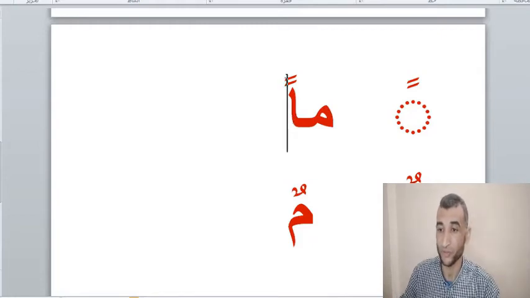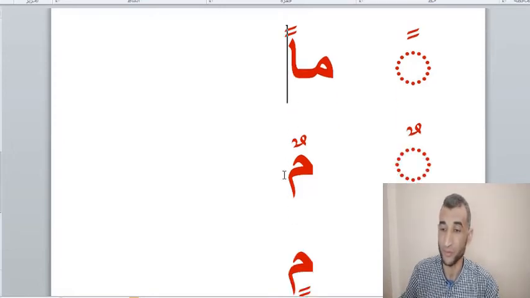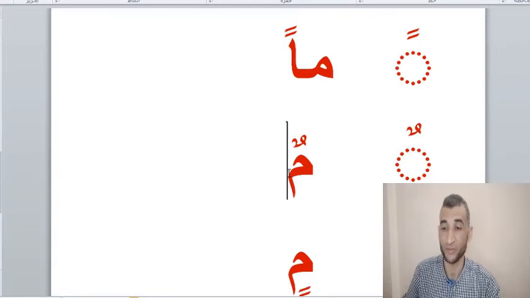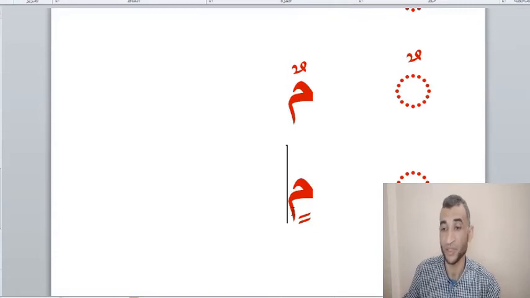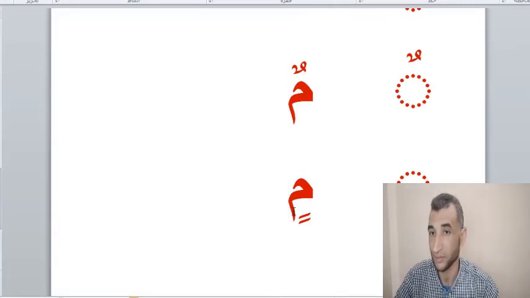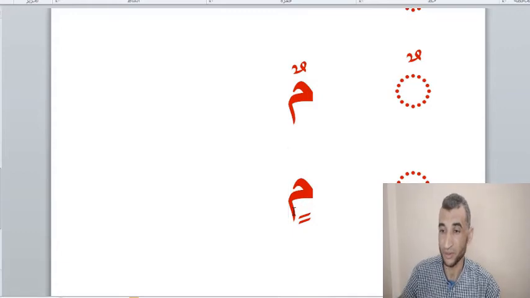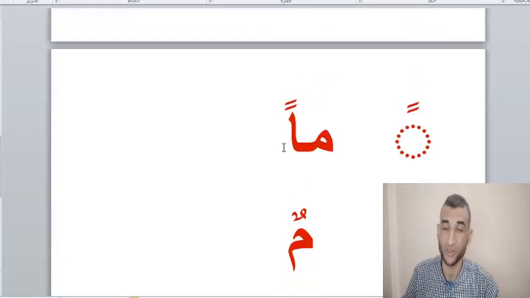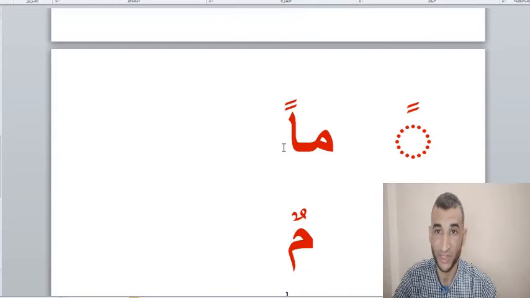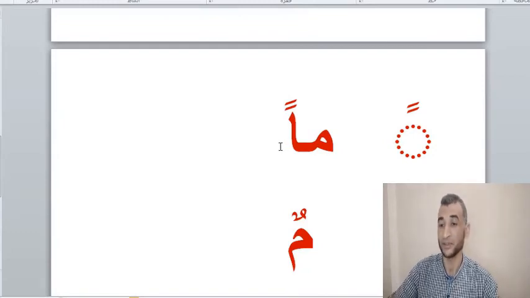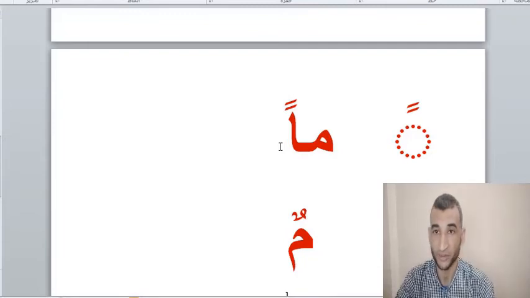So this is called a tanween because it is a double fatha, and this is also tanween because it is a double dhamma, and this is also tanween because this letter has a double kasra. Okay, so the tanween is an extra noon attached at the end of the word, and you can pronounce it and you cannot write it.